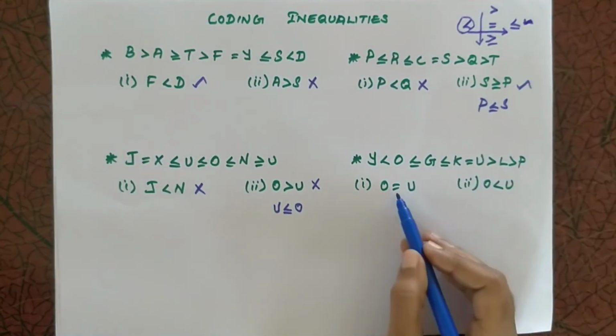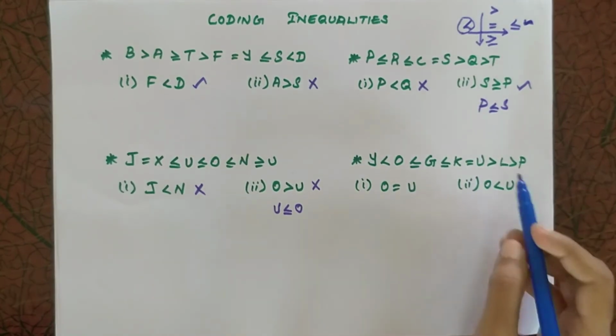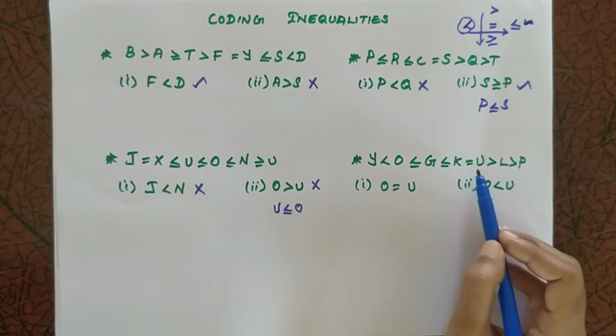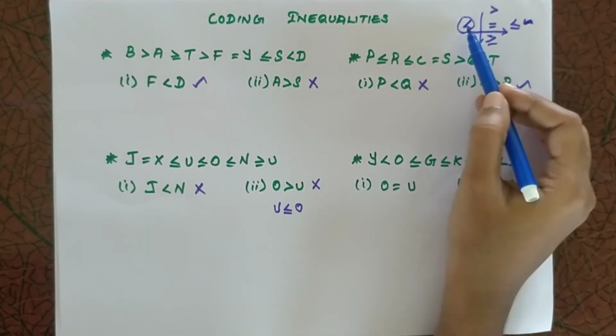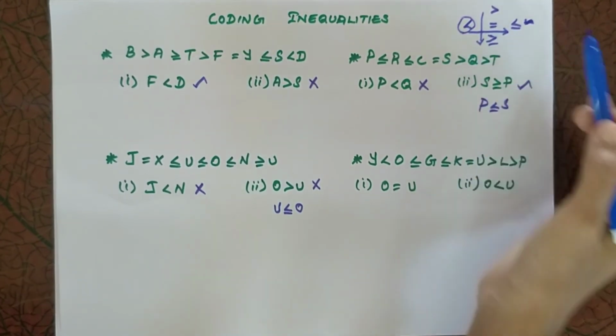But here it is given as only equal to, so this does not follow. And in this option they have given the same O and U but less than. So less than also will not be followed here because we have only the less than or equal to symbol in between O and U.